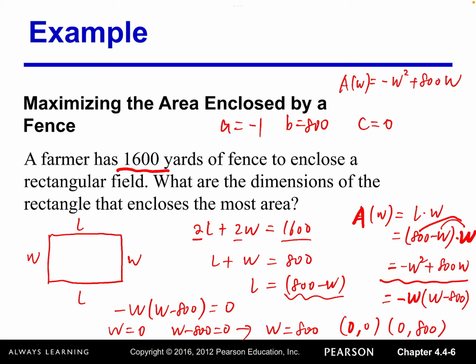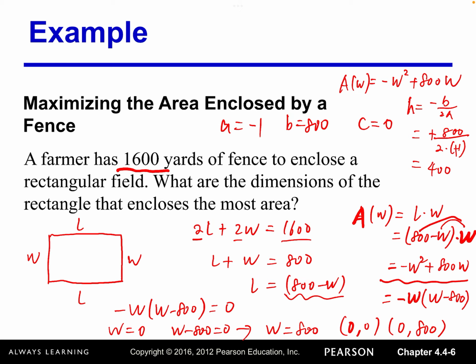So we want to find the vertex. The x-coordinate of the vertex, h, equals negative b over 2a, right? That's negative 800 divided by 2 times negative 1. So the negatives cancel out, and 800 divided by 2, I get 400. So the x-coordinate of the vertex is 400.